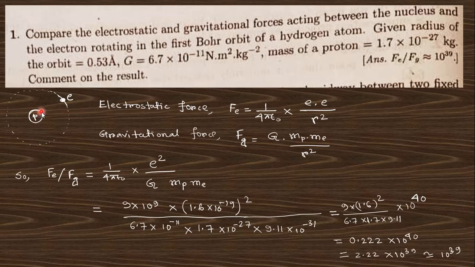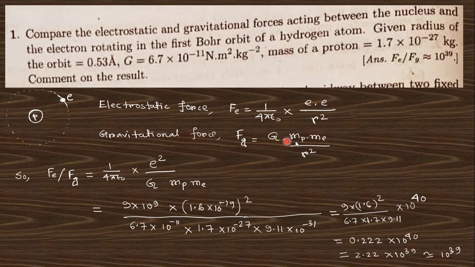That means there is a hydrogen atom. In this hydrogen atom there is only one proton in the nucleus and the electron revolving around this proton. Then you need to find the electrostatic force and the gravitational force. The electrostatic force will be 1 by 4 pi epsilon naught q1 q2 by r square. The charge of the proton is equal in magnitude to the charge of the electron, so q1 and q2 are both the electronic charge e.